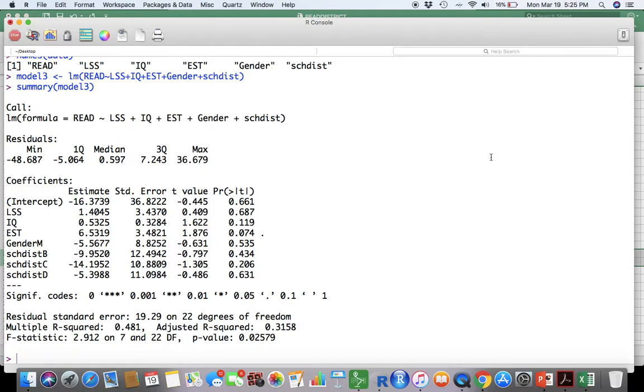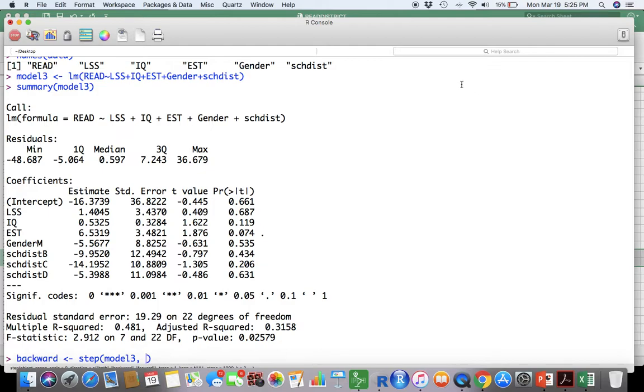So I'm going to call this my backward model, and I'm going to use the step function, and I'm going to start with the model, which is model 3, that includes all of the predictors.